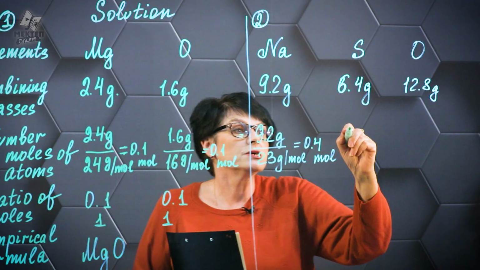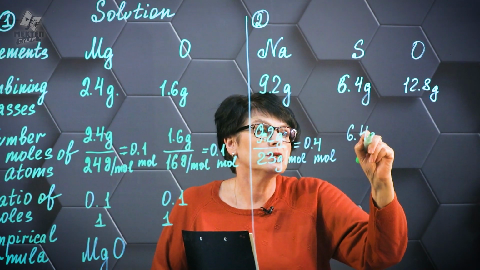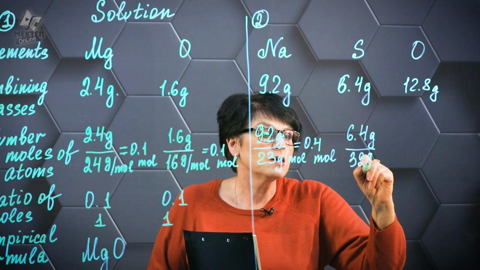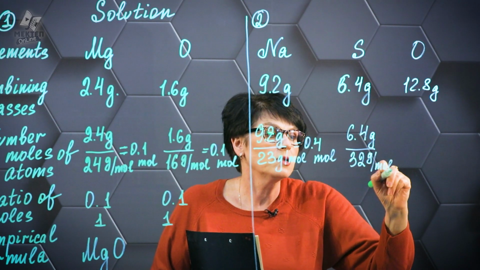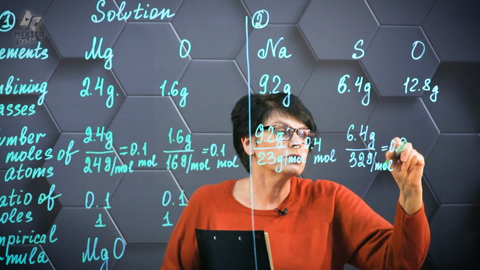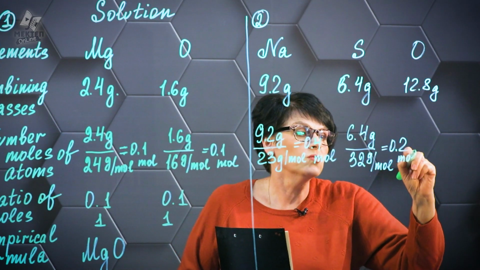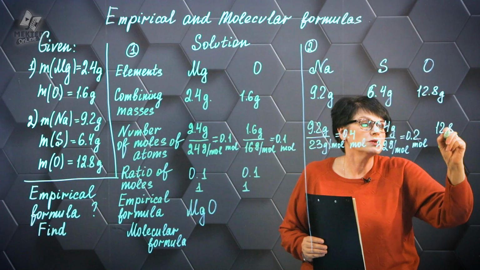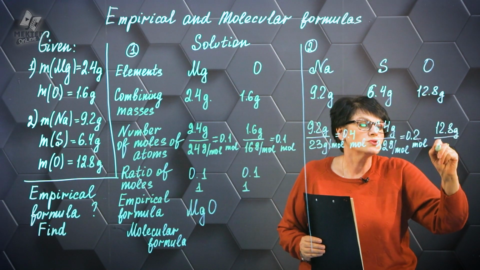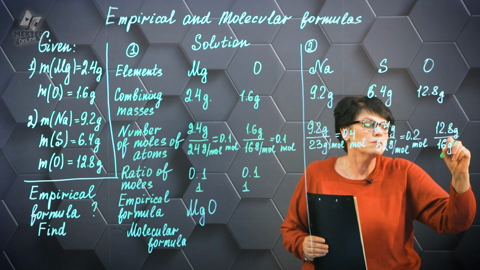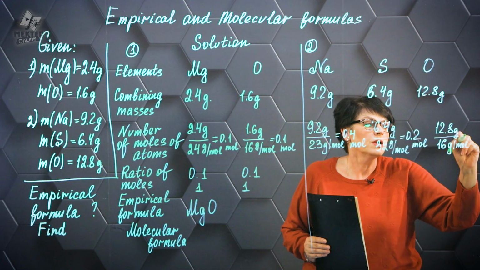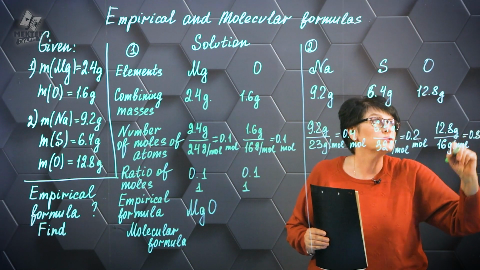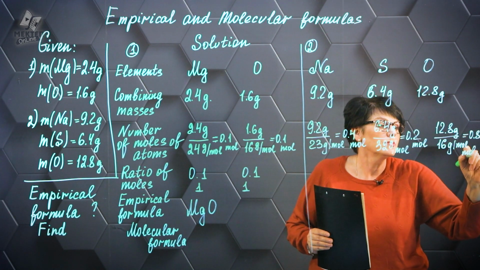So now sulfur will be 6.4 grams divided by 32 grams per mole. This will be 0.2 moles. And for oxygen, it will be 12.8 grams per 16 grams per mole. In this case, the value will be equal to 0.8 moles.